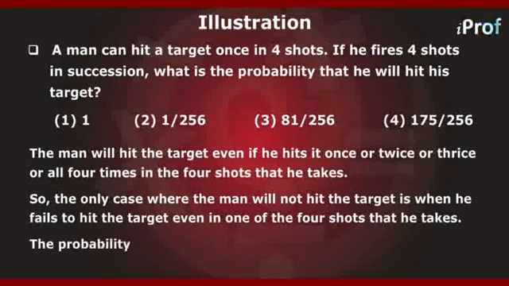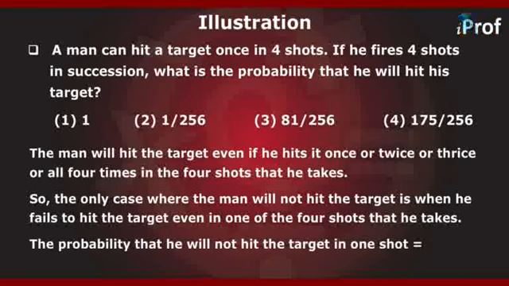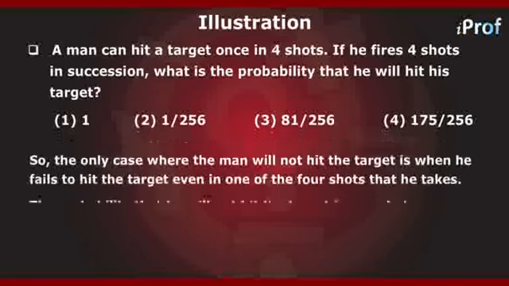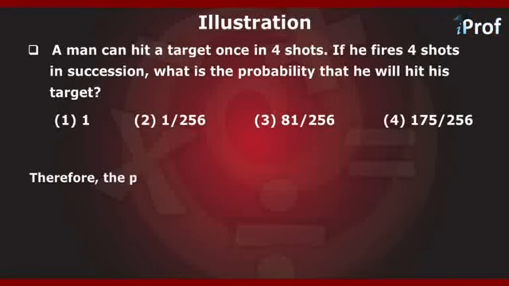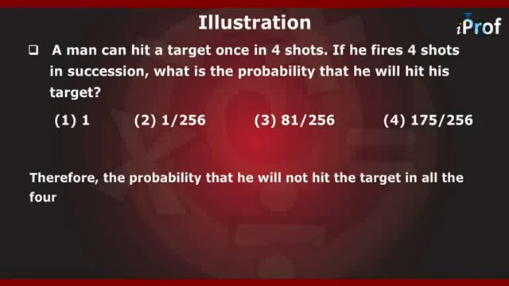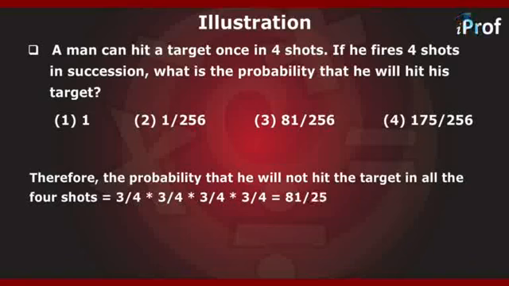The probability that he will not hit the target in one shot is equal to 1 minus 1 by 4, which is equal to 3 by 4. Hence, the probability that he will not hit the target in all the 4 shots is equal to 3 by 4 into 3 by 4 into 3 by 4 into 3 by 4, which is equal to 81 by 256.